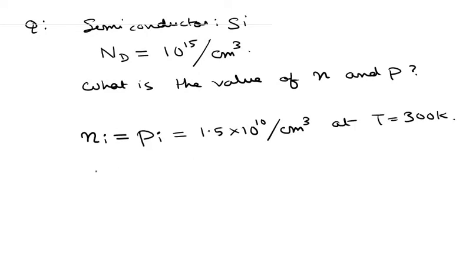Note that the intrinsic electron concentration and intrinsic hole concentration for a semiconductor at a given temperature is a property of the semiconductor itself. For example, here we have said that it is 1.5 times 10 to the power 10 per centimeter cube at T equal to 300 Kelvin.